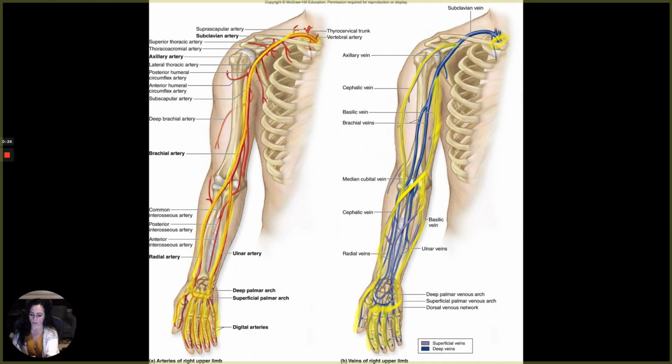They're the superficial and deep palmar arches. To me, it's really hard to tell which one is in which position, so just call them palmar arches and you'll be good. And then it is going to take that deep blood up from these palmar arches and end up in either a pair of ulnar veins or a pair of radial veins.